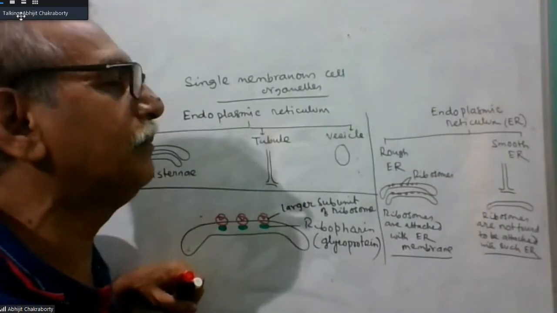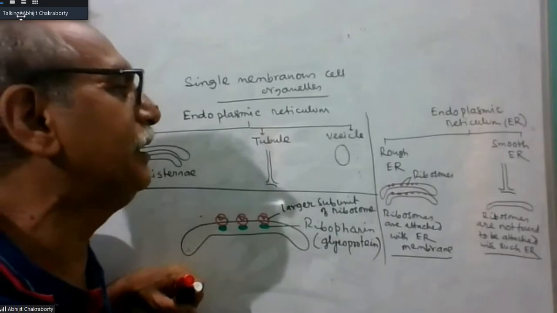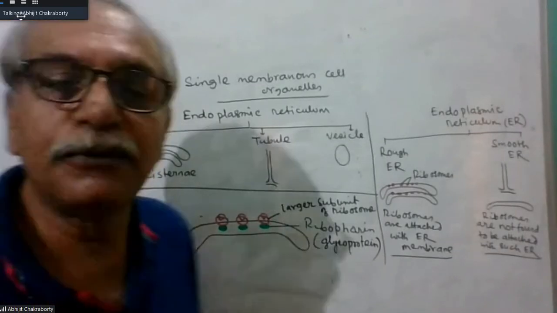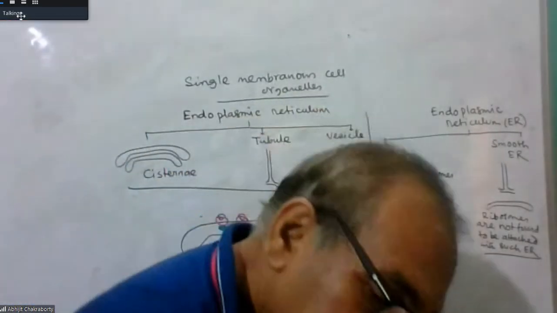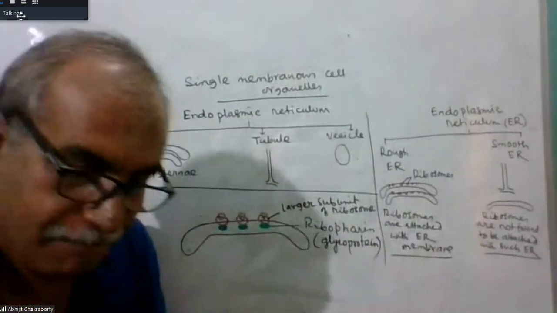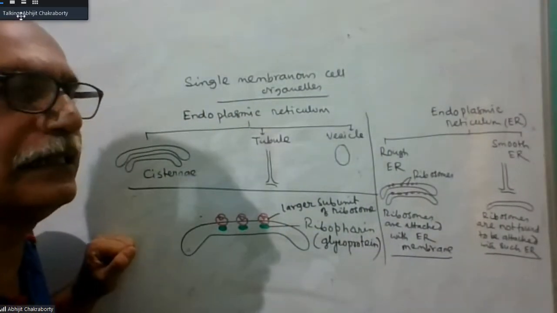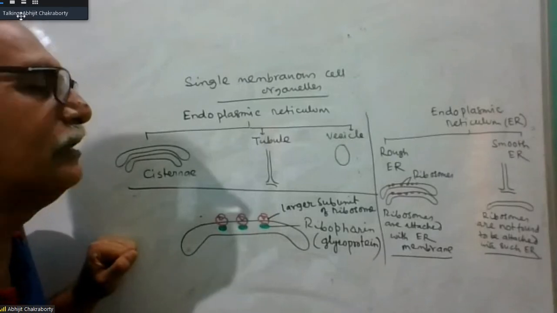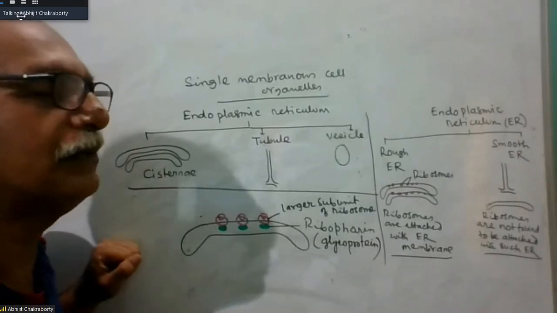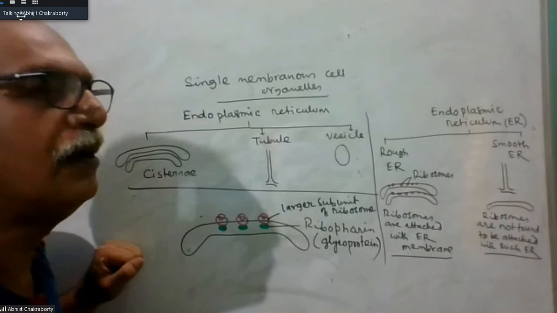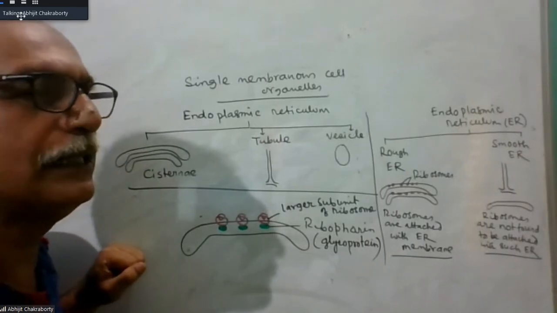Please write the differences between rough ER and smooth ER. Rough ER is present in those areas where active protein synthesis takes place.